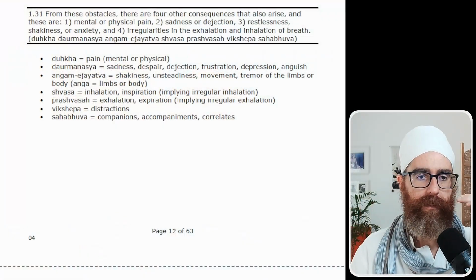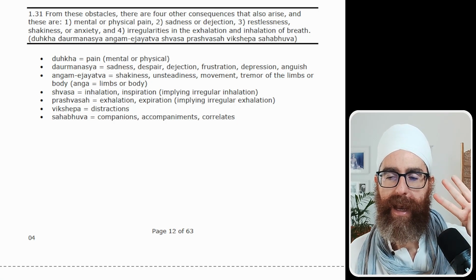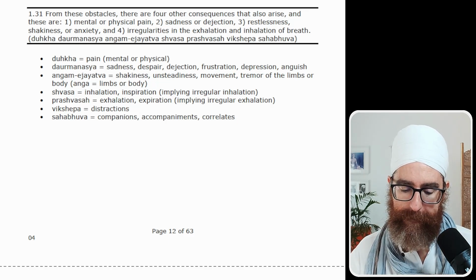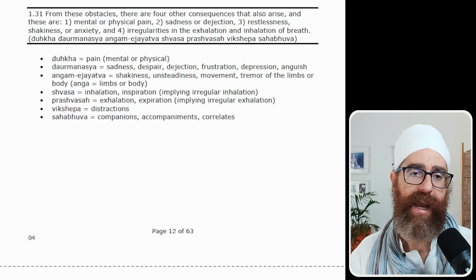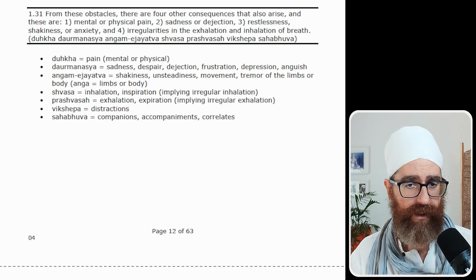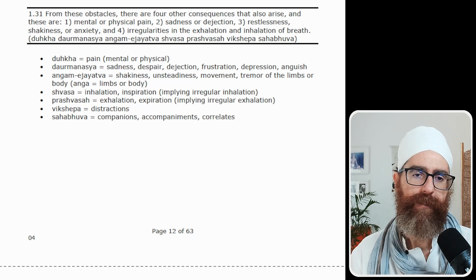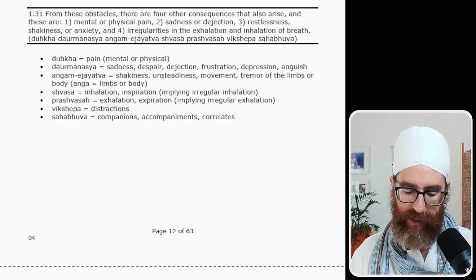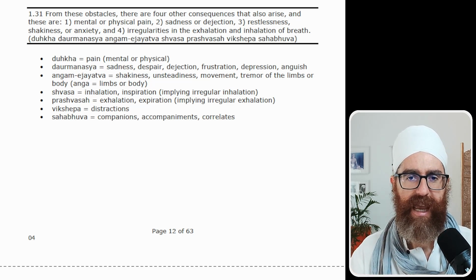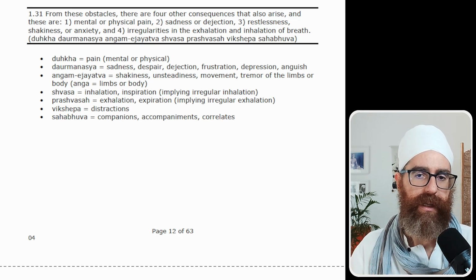So let me go back to the original text from Patanjali. And so that's the dukkha I was referring to. Remember, we are talking about 4 kinds of symptoms or effects caused by those 9 obstacles. And there was dukkha, the suffering, daurmanasya, that's sadness or sorrow, even depression would go in here, despair. Angamejayatva, that's shakiness. It doesn't say it there, but it's like being shaken, being anxious about something, nervous, this tremor of the limbs.